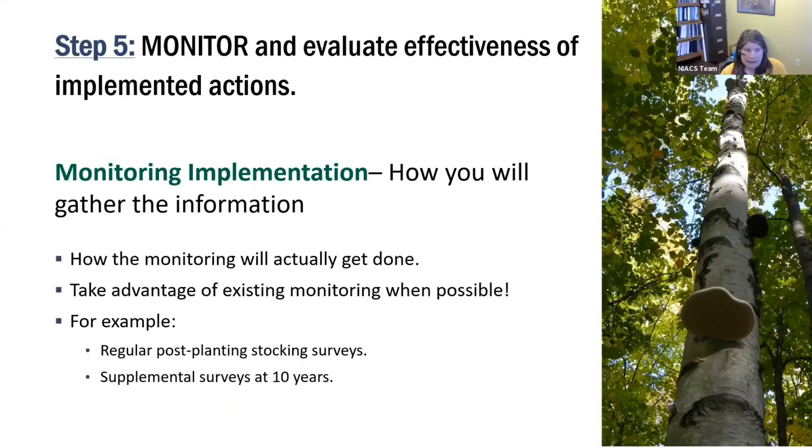And finally, we will describe how and when this information will be gathered. For example, you may monitor seedling survival every summer for 5 years after planting, or because you might have some new species, maybe it's every year. But remember, it can save a lot of time and money if you can take advantage of existing monitoring surveys or inventories.